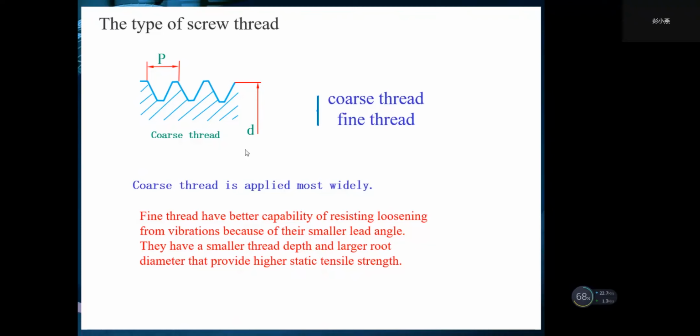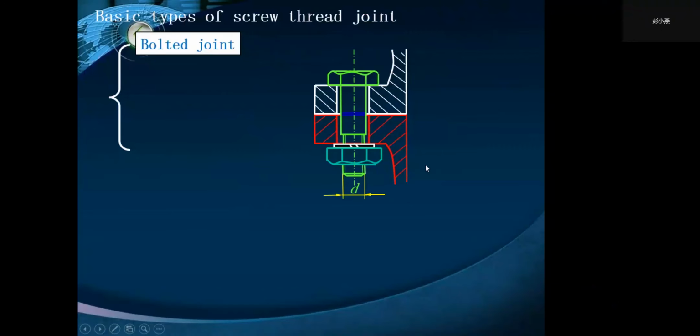Now let's continue. And these are the basic types of screw thread joint, for the bolt joint, usually used for connection.